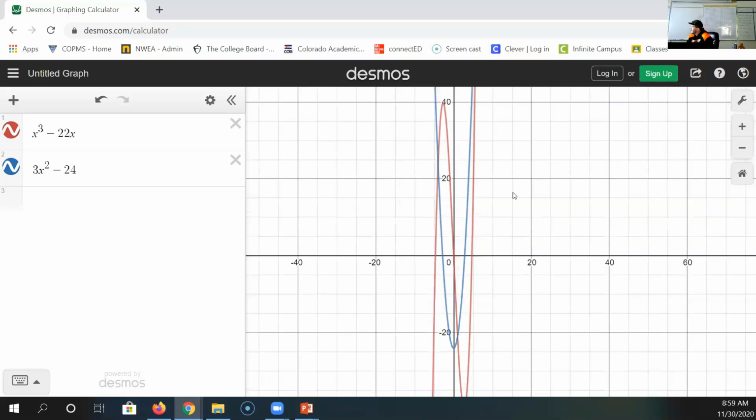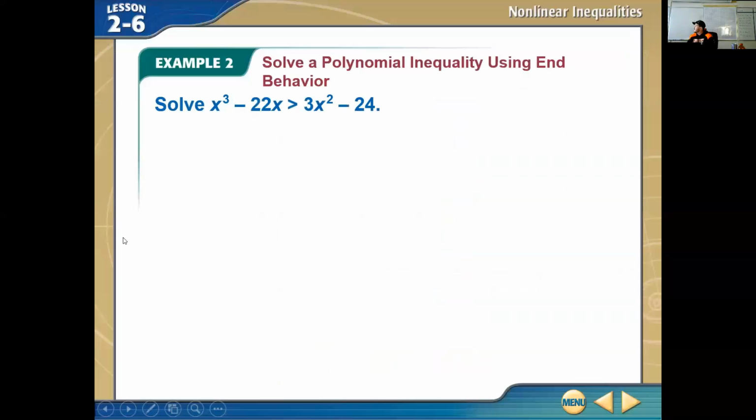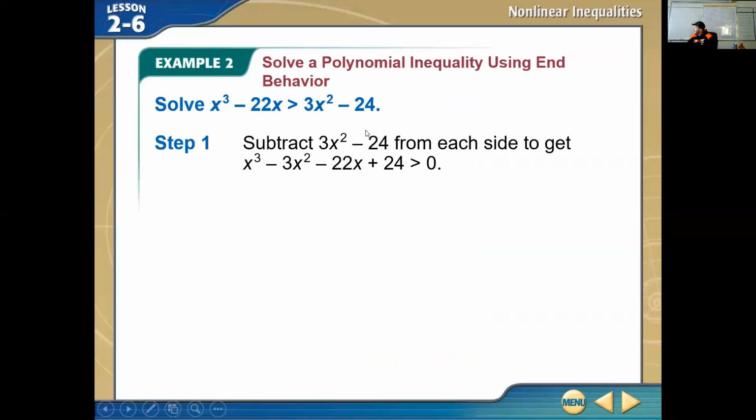And you can see looking at this, it's not really a clear picture, right? So I'm going to alter my polynomial and bring this 3x squared minus 24 to that side. That creates one giant polynomial that makes it a whole lot easier.